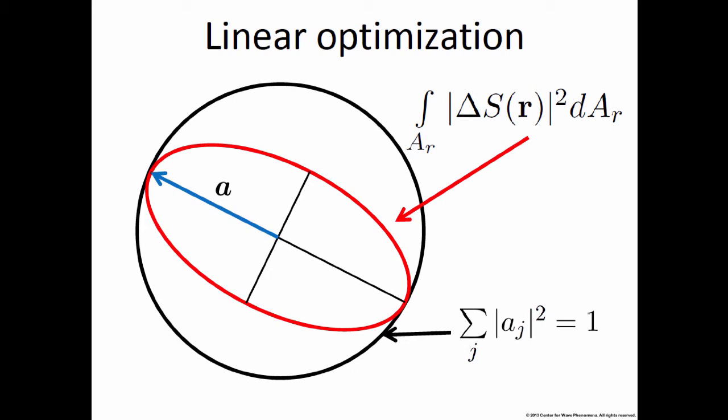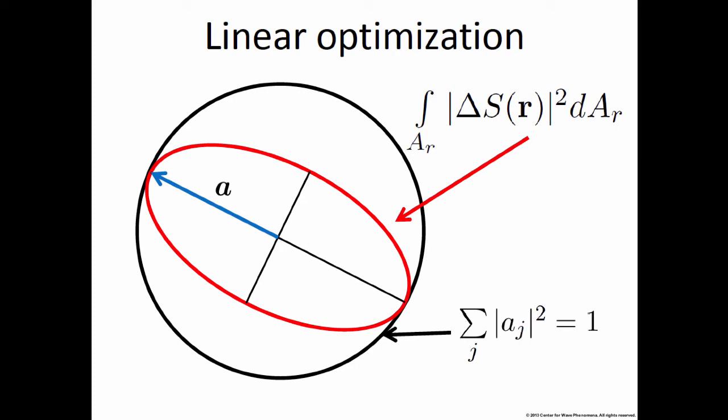Our optimal weights are going to be at the intersection of this sphere and ellipse. I'm just showing them here as 2D images, but we're working with these in higher dimensions.